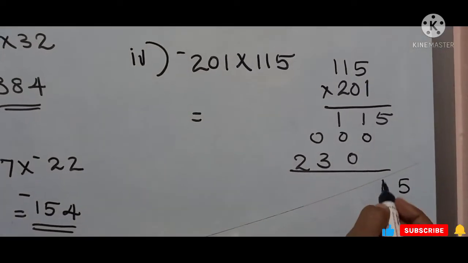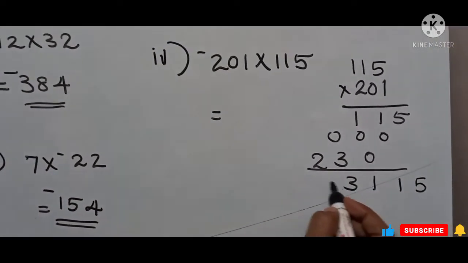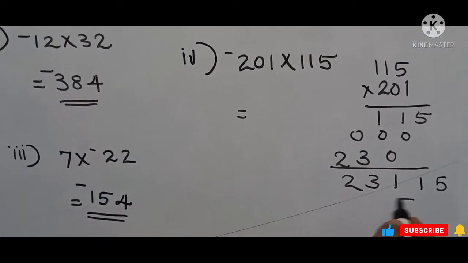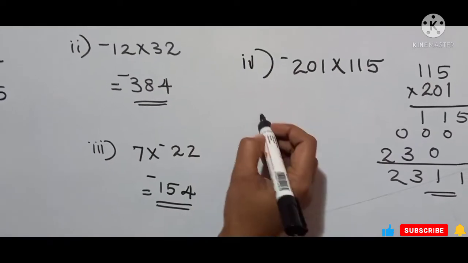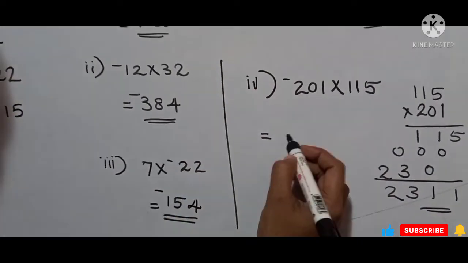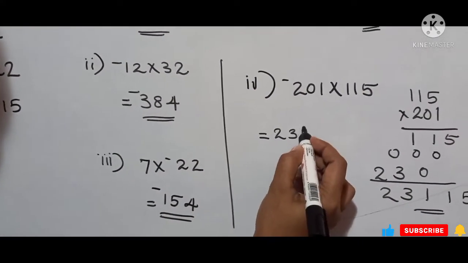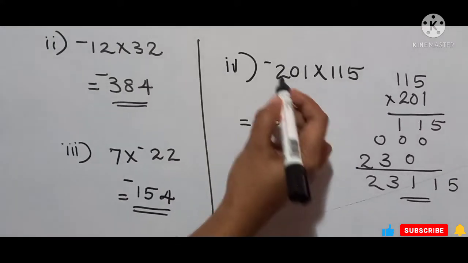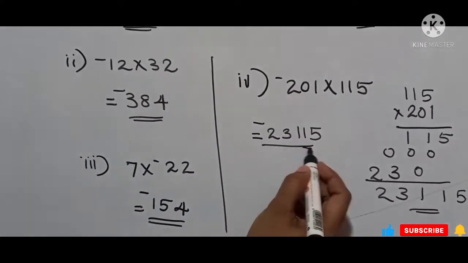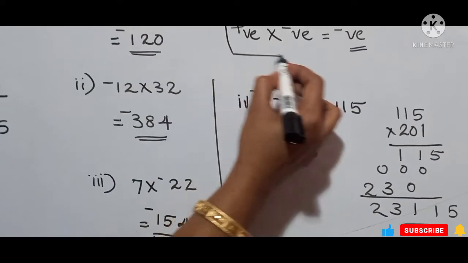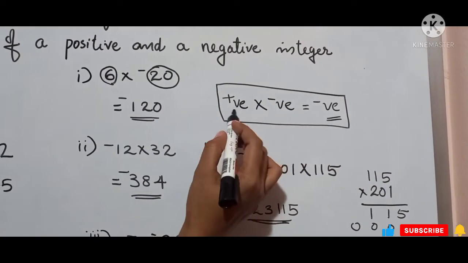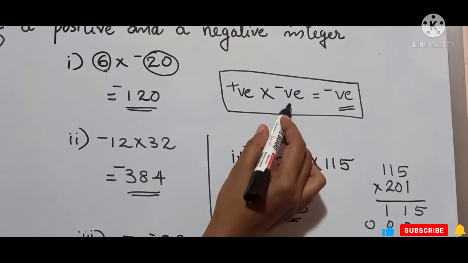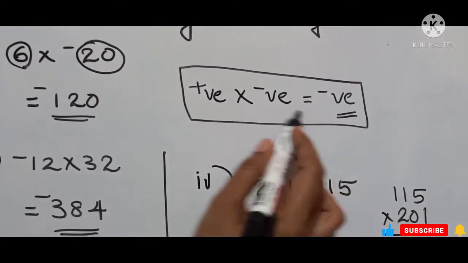That is equal to 23,115, and it is negative. One positive integer and one negative integer. Finding the product of a positive integer and a negative integer, it is always negative.